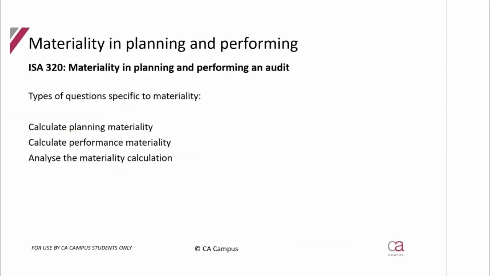Okay, so the types of questions you guys can get asked are to calculate planning, calculate performance, or analyze a materiality calculation. Calculate planning, we've just done. If you have to calculate performance, you've got to first calculate planning and then apply a percentage to get your performance. If you have to analyze a materiality calculation, guys, all you need to do is follow your steps.